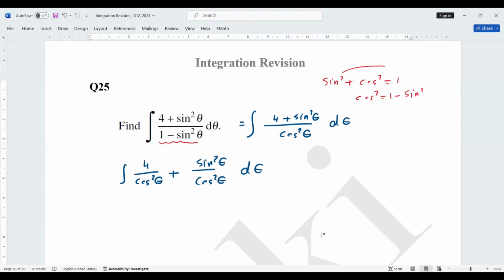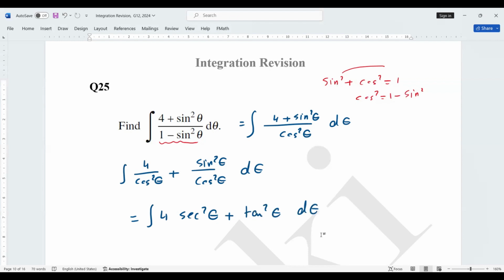Okay? Now, 1 over cosine squared is sec squared. So it is 4 sec squared theta plus sine over cosine, it's tan squared theta d theta.